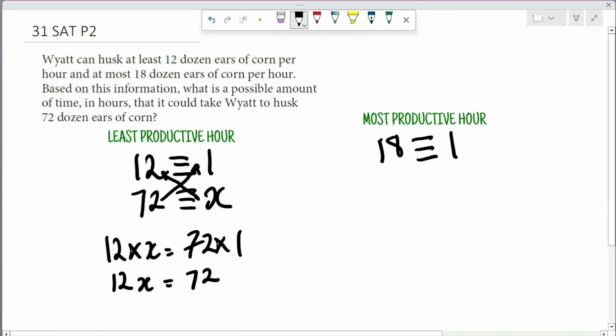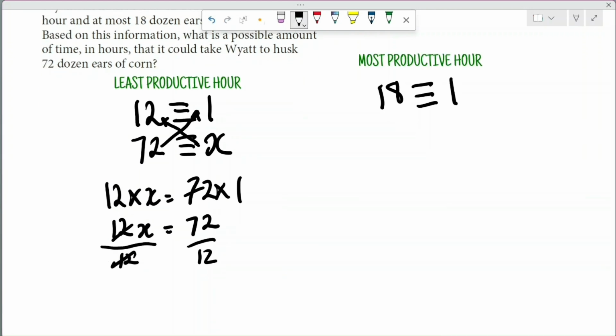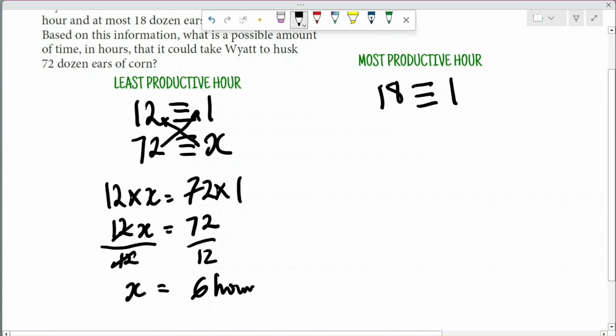Since we're looking for x, which is the number of hours it will take him to do 72 dozens at the rate of 12 dozens per hour, you divide both sides by 12. 12 cancels 12. You'll be left with x equals 72 divided by 12, which gives you 6. So at the rate of 12 dozens per hour, it will take him 6 hours to do 72 dozen ears of corn. So you have 6 hours.